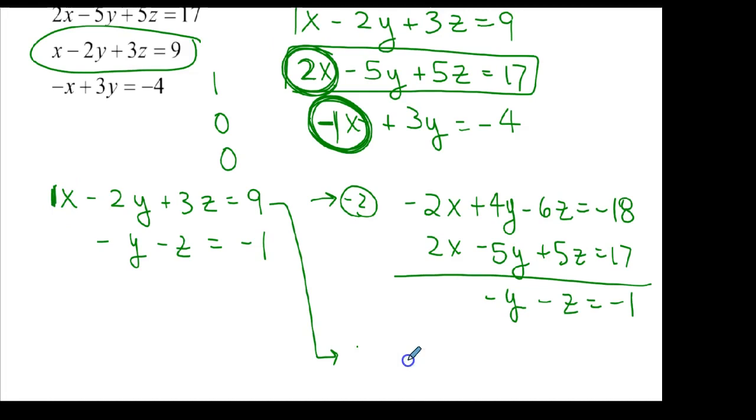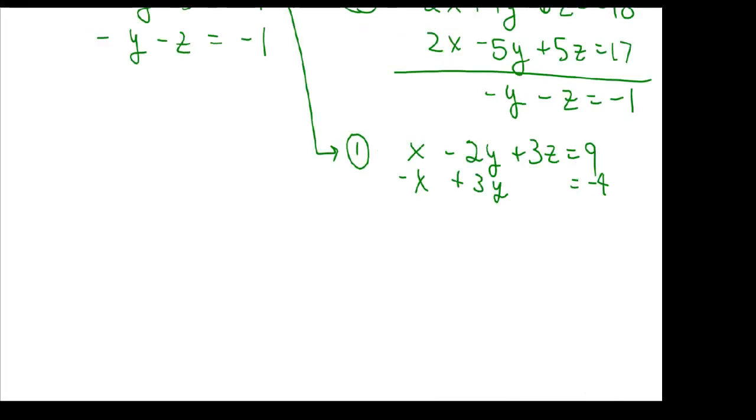Well, what's that going to do? It's not going to do a thing. It will not change that row at all. I then copy down the row that I'm trying to change under it, and now I'm ready to add those two together.